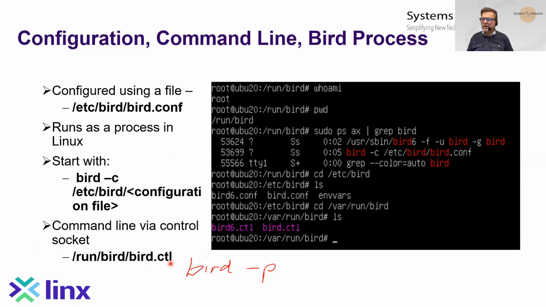And we'll take a look at that command line in just a little while. You'll see how that is working. If you want to see the Bird process that's running, we can see that bird6 is running in the background. This is the one that I had started when I used this command here. And you can see it's the bird.conf that gets selected when I started Bird using the command that I'm showing you here.